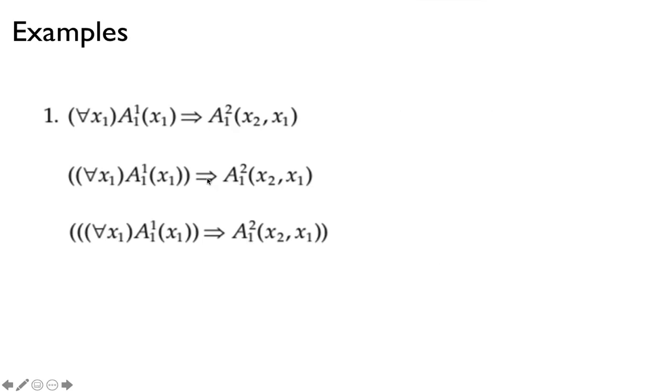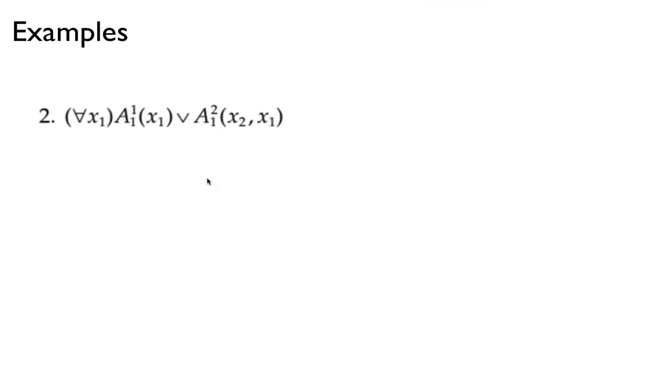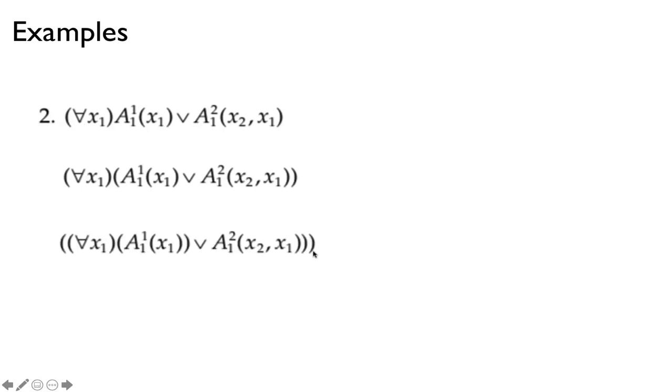Again, for all goes before the conditional. And let's look at this one, the disjunctive statement. We add parentheses, and notice this parenthesis goes between this one and that one. That's because the or goes before the for all. In the order of operations, not and or have a higher precedence than the quantifiers. We can add another one to close it.